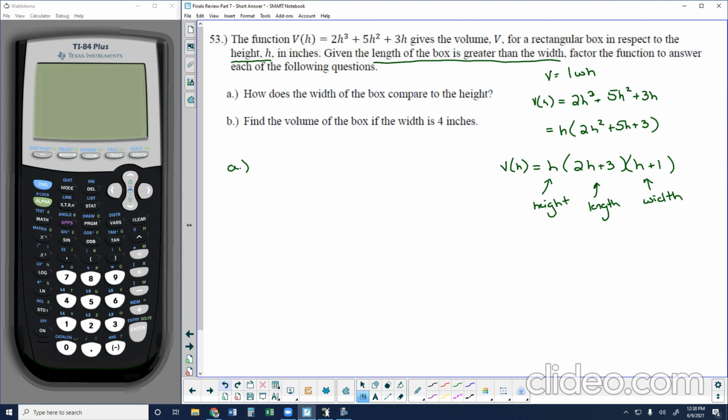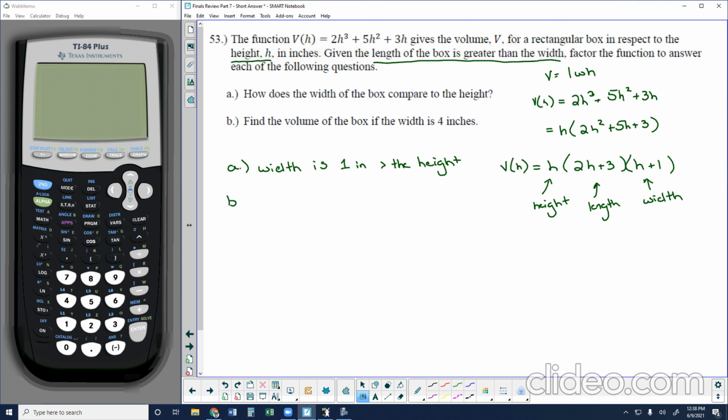The width is, let's see, our units are in inches, 1 inch greater than the height. So width here is h plus 1, or height plus 1 inch.